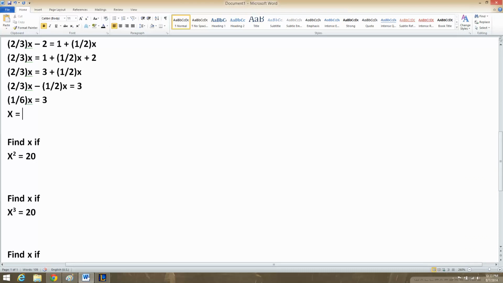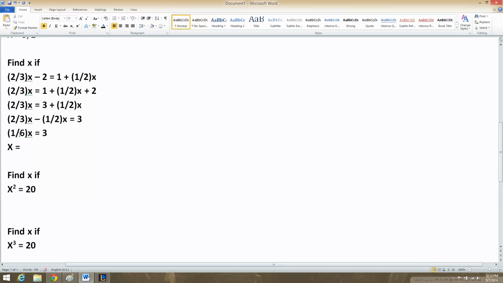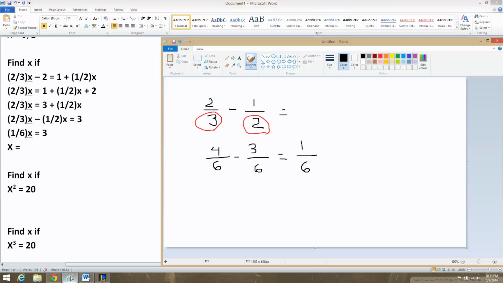Since we're simplifying this, we're going to divide this fraction by its reverse. The reverse of 1 over 6 is 6 over 1, and that's going to end up as 6 over 6, which is, of course, 1. Let's backtrack a little bit here.